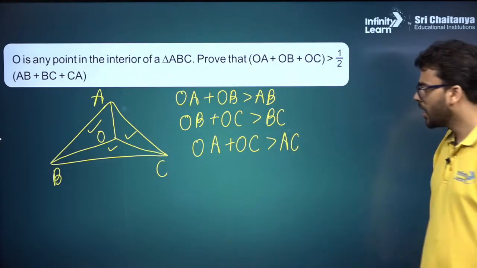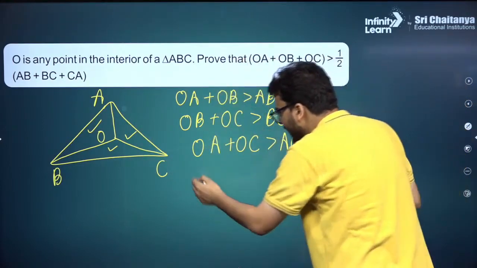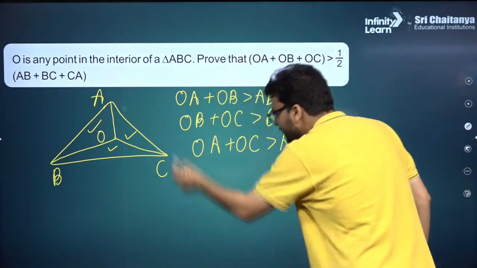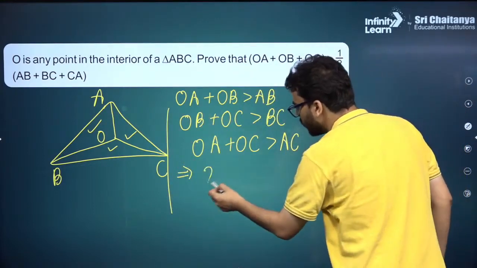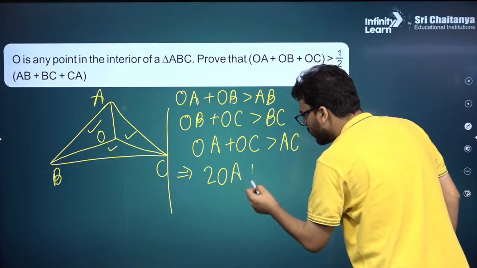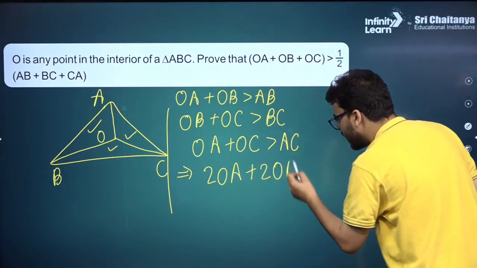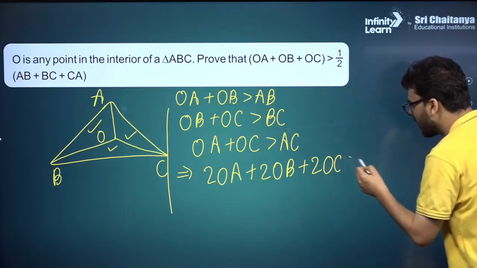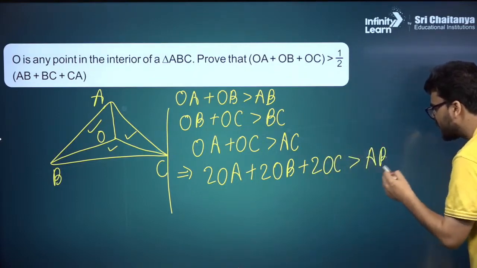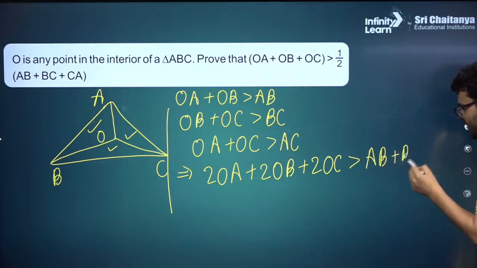We can say that. Now, can I add these inequalities? Tell me. If you add these inequalities, what will happen? You will see that OA is coming two times. You will get 2OA plus 2OB plus 2OC only. You will get that only. And that is coming out to be greater than AB plus BC plus AC. Are you getting this thing, guys?